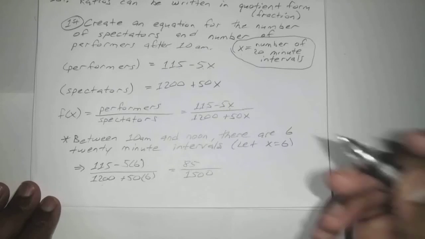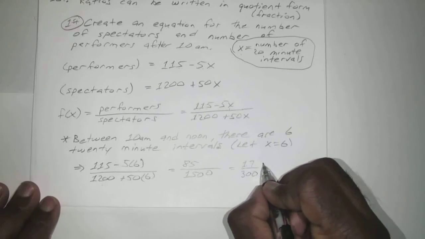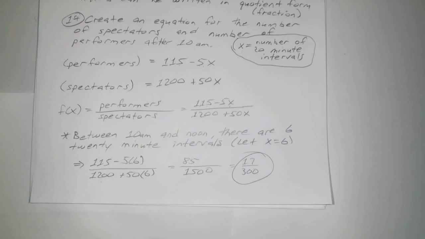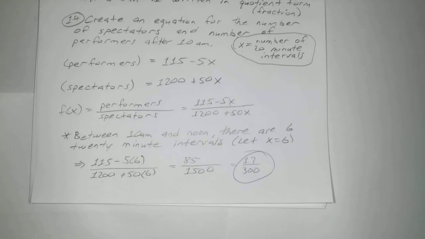So if we divide both of those by 5, we end up with a 17 to 300 ratio. Okay, so that means you have 17 performers and 300 spectators at noon. Does that make sense? All right. So if you kind of break it down that way, it makes it a little less overwhelming. Okay. Any questions on that one?